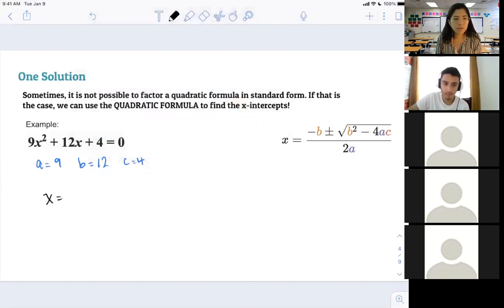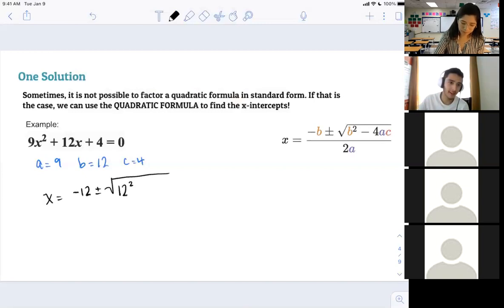Tyrone says negative 12. Okay. Negative 12, then plus or minus the square root of 12 squared. We already know 9 and 4.